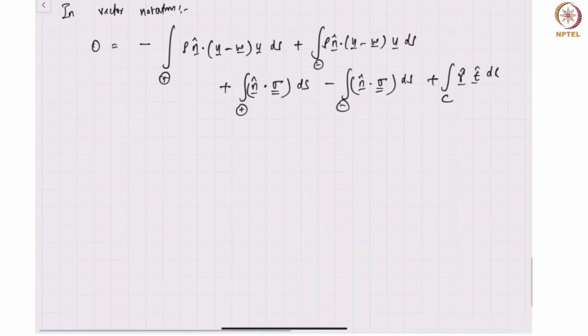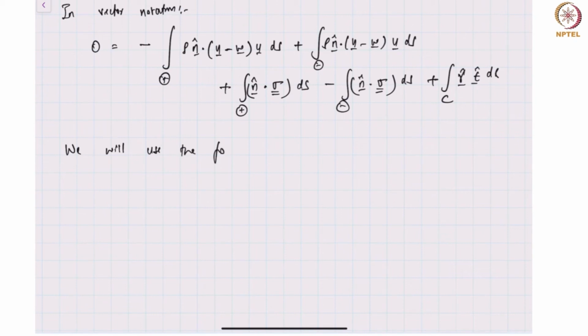Now, there's a useful identity. We will be using the following identity to convert the line integral into a surface integral.